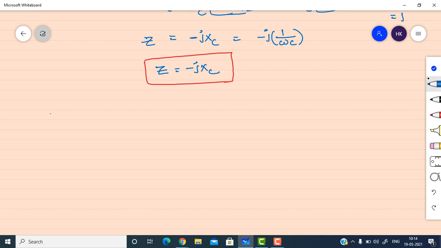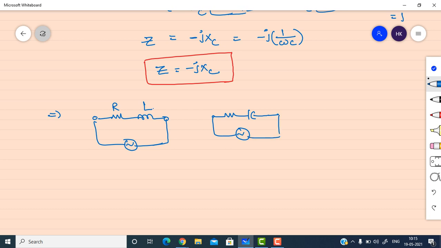Now I will give you 3 circuits. Tell me the impedance for these circuits. Resistor R, inductor L. Here resistor and capacitor are connected in series and AC voltage is applied to this.